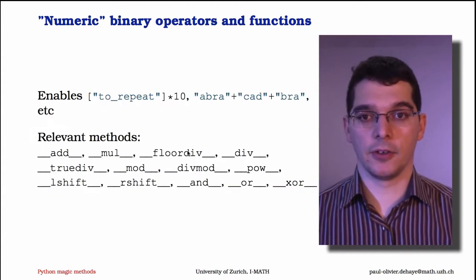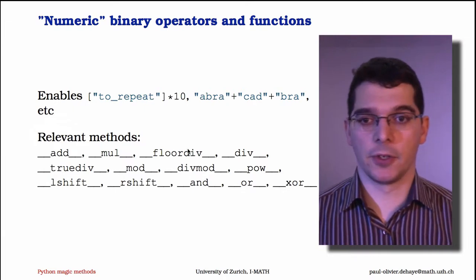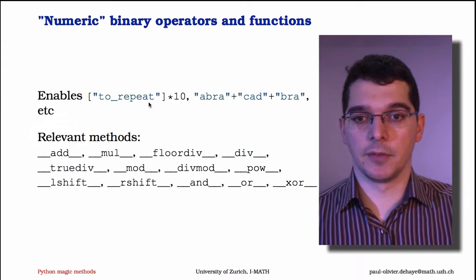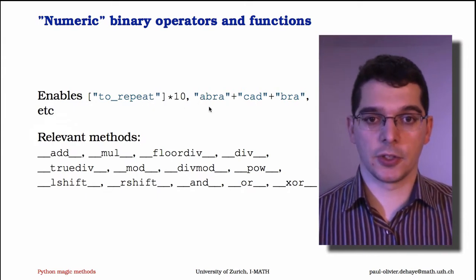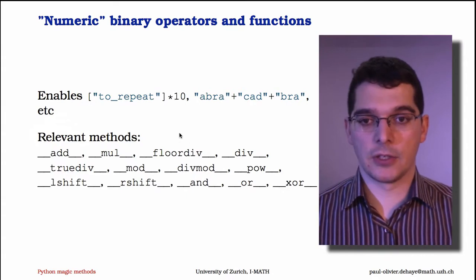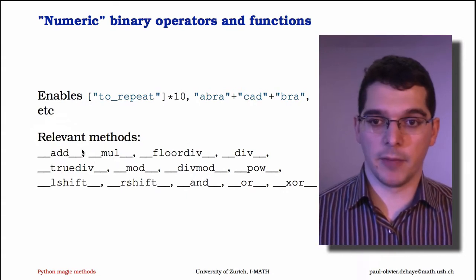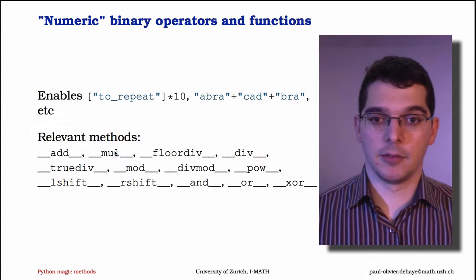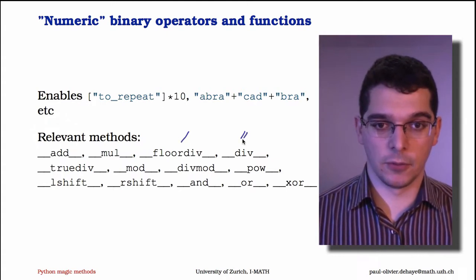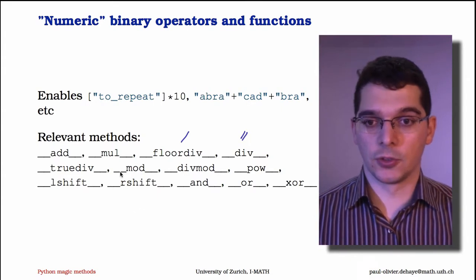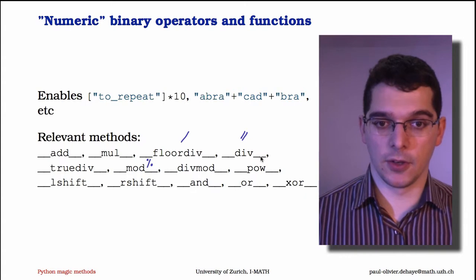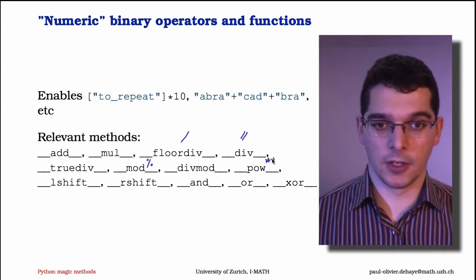But there are other numeric binary operators and functions, and those don't need to be between the same types. As I said before, you can use a string and an integer, you can add different strings together, etc. So how do you do this? Well, you define the relevant methods, which might be __add__, __mul__, __floordiv__, which has a shortcut like this, __div__, which has a shortcut like that, and __truediv__, __mod__, which has a shortcut with a %, and __pow__, which has a shortcut with this.